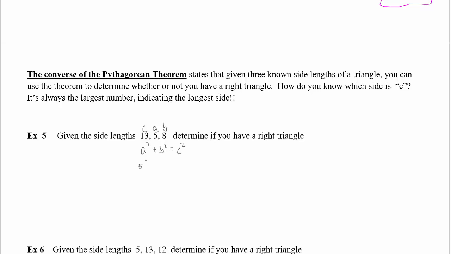So does 5 squared plus 8 squared, and I'm going to put a question mark because we don't know, does that equal 13 squared? Well, 13 squared is 169. 8 squared is 64. 5 squared is 25. If I add 25 and 64, I get 89.